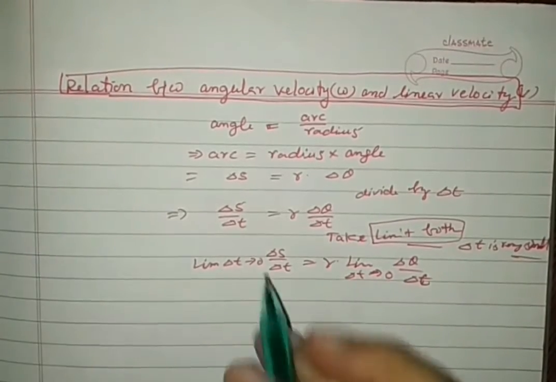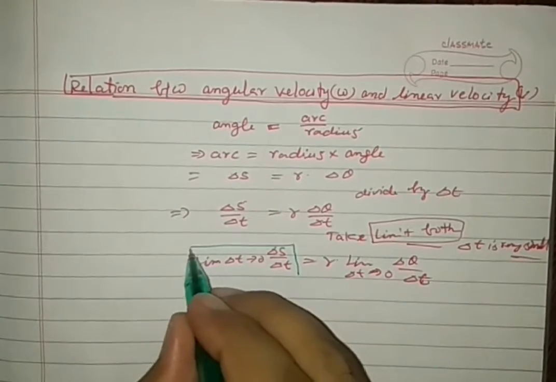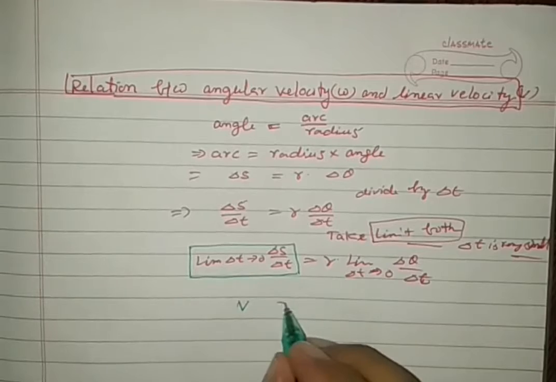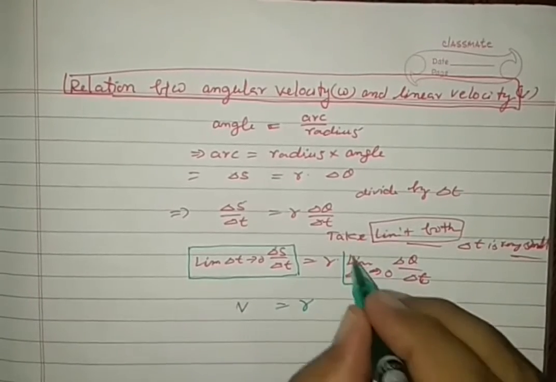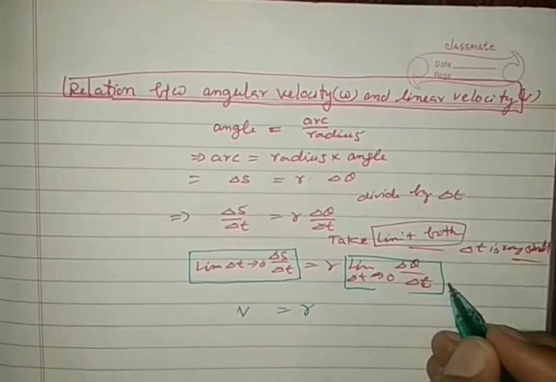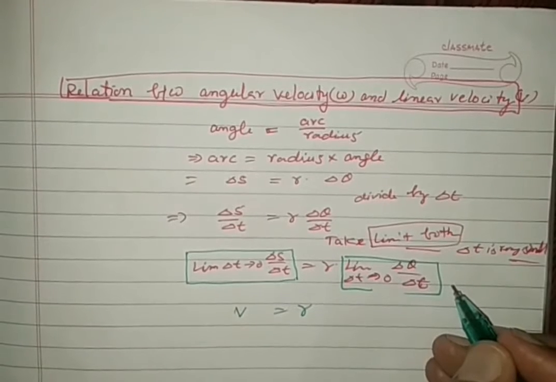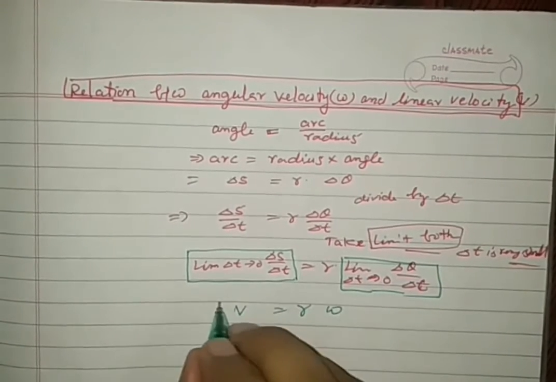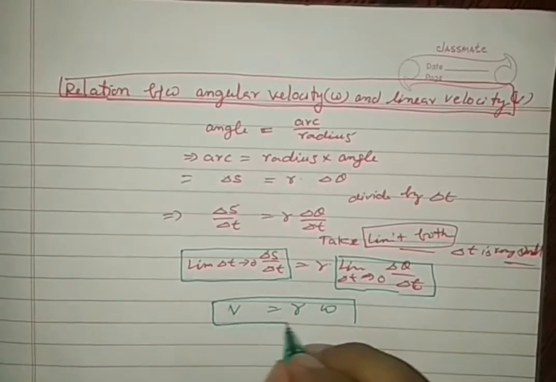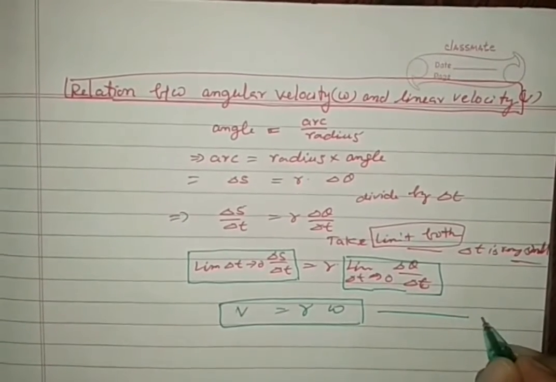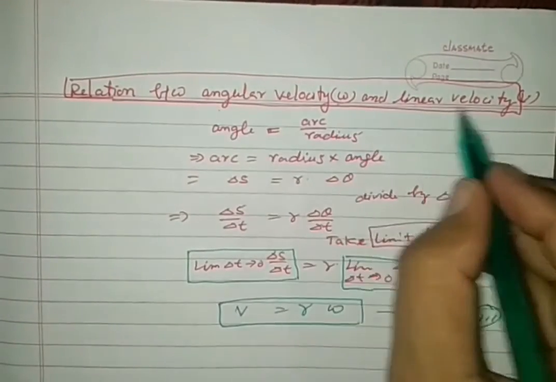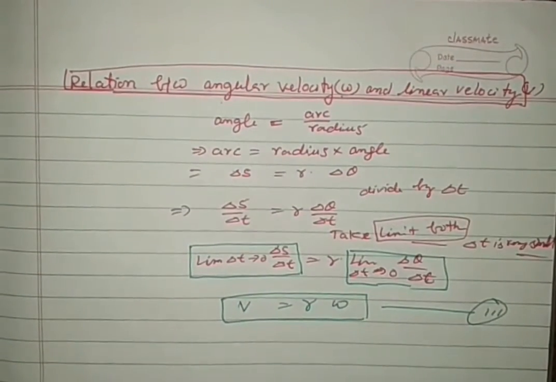See here in this box, linear distance by time is known as velocity, which is equal to r times, as just derived in equation 2, omega. V is equal to r omega is the required relationship between angular velocity omega and linear velocity v, right?